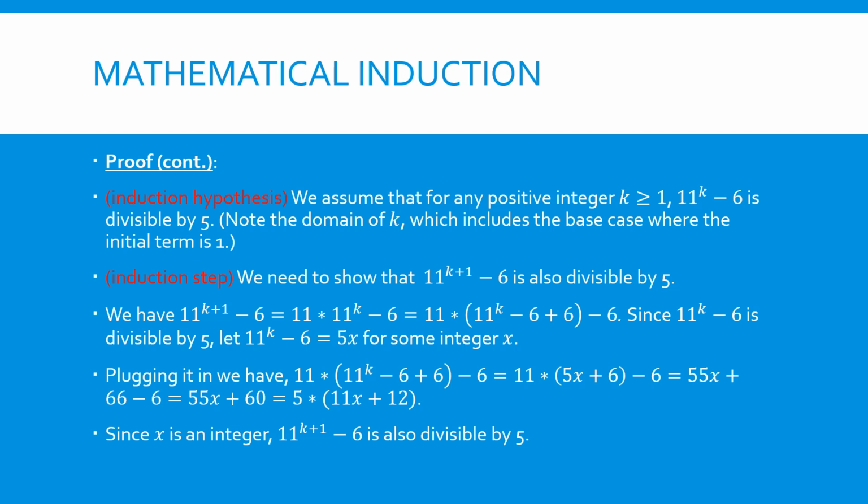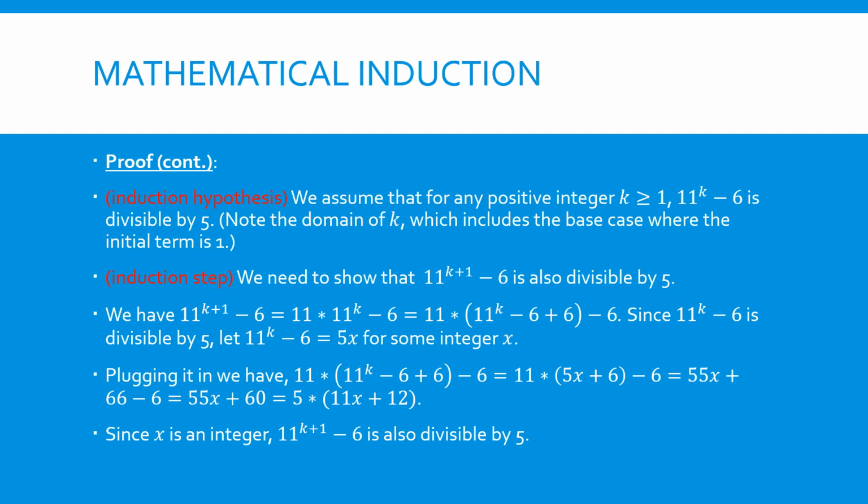Simplifying 11^(k+1) - 6, we get 11 times 11^k - 6 + 6 - 6. Since 11^k - 6 is divisible by 5, we will denote 11^k - 6 as 5x, where x is an integer.